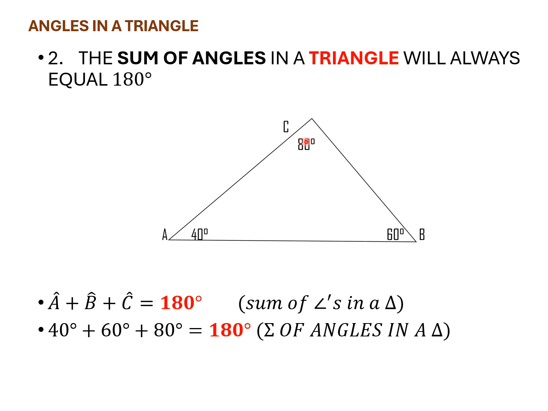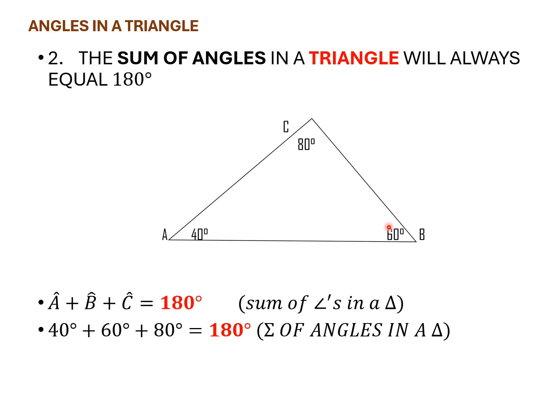So the three angles in a triangle must always add up to 180. So we have triangle ABC there, that's 40, that's 80, that's 60. So angle A plus angle B plus angle C must be 180 degrees. And my reason, we say the sum of angles in a triangle equal 180 degrees.